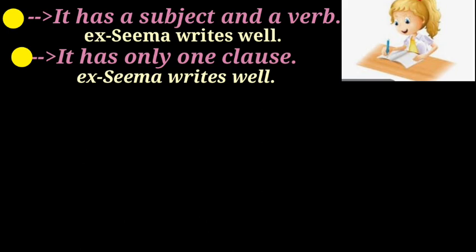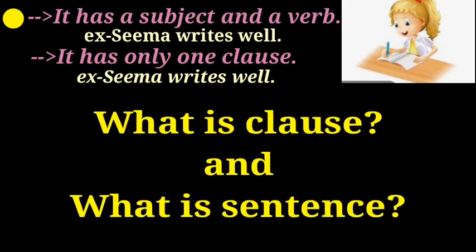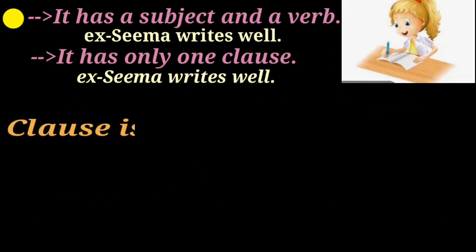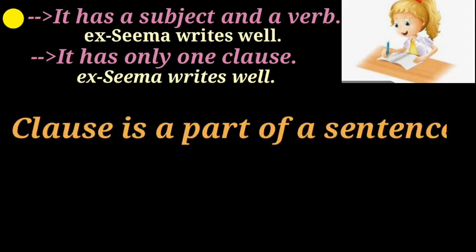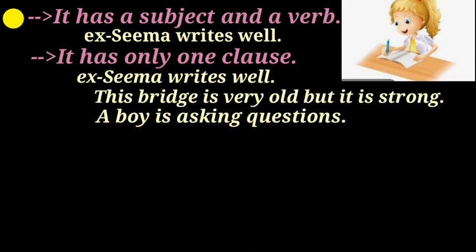Dear students, here the question arises: what is a clause and what is a sentence? You remember that a clause is a part of a sentence. A sentence is not a part of a clause. Because a sentence may be small or big, that depends upon the clause.